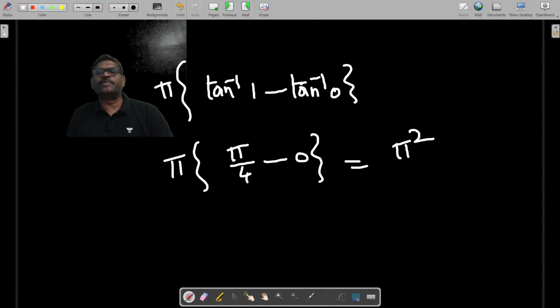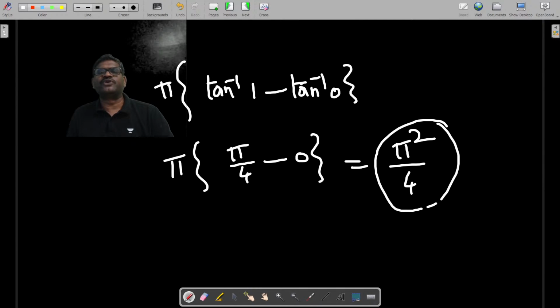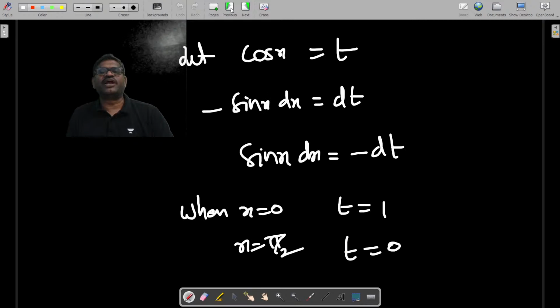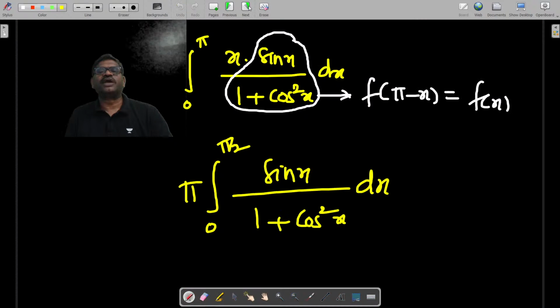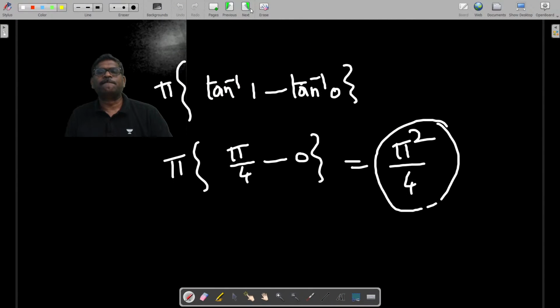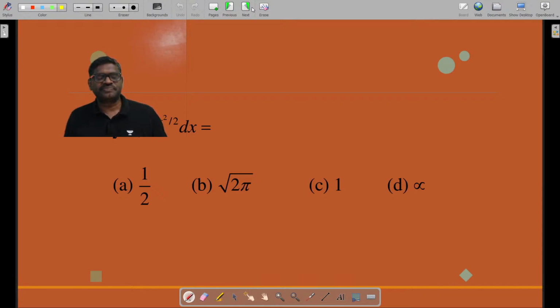Pi into pi by 4 is pi square by 4. Finally, the value of the integral is pi square by 4. Next problem.